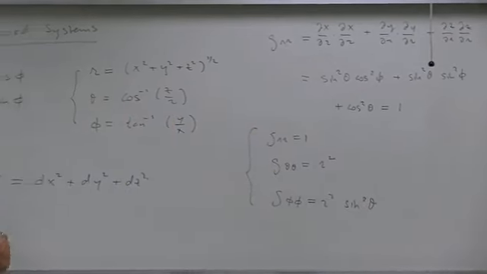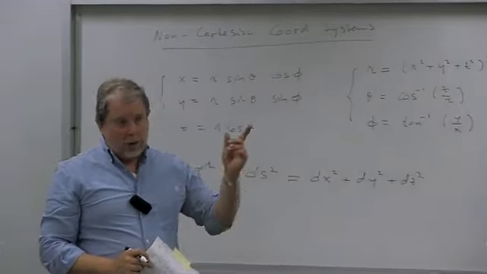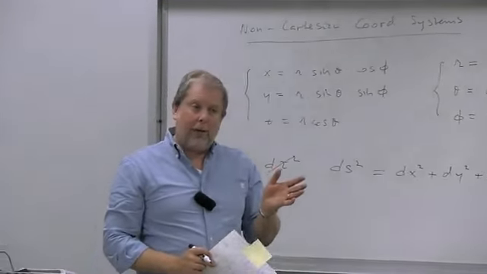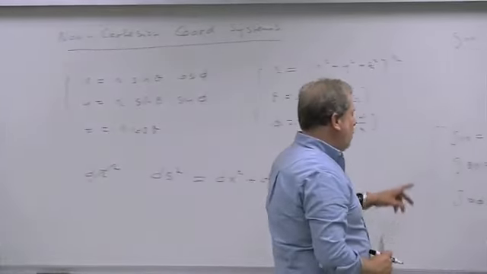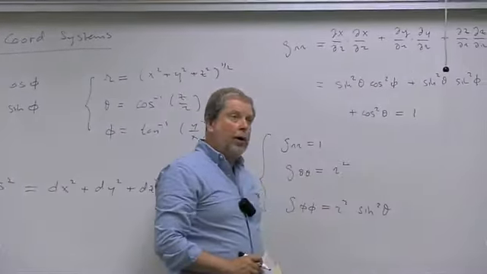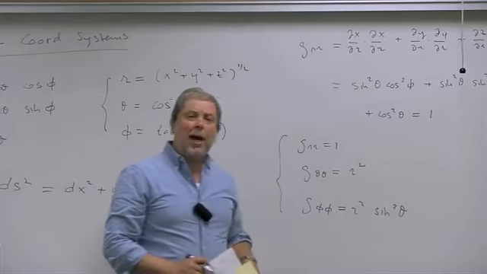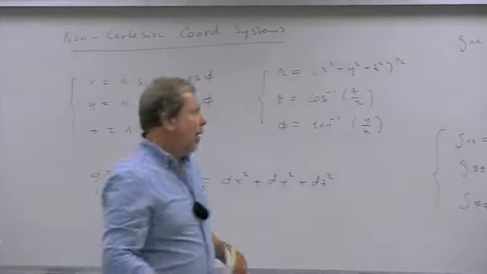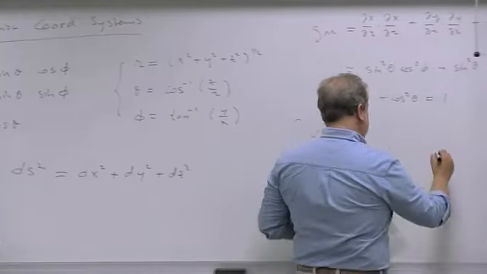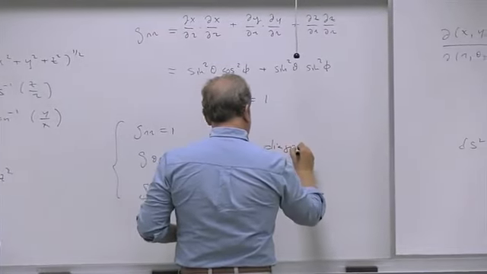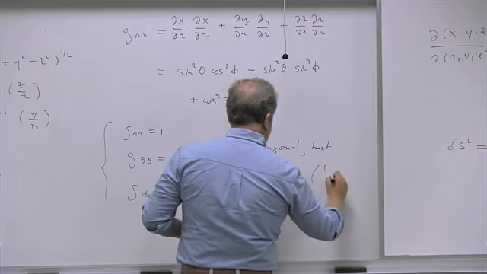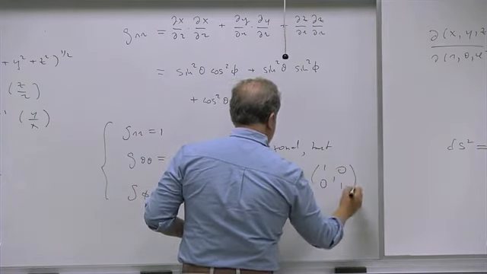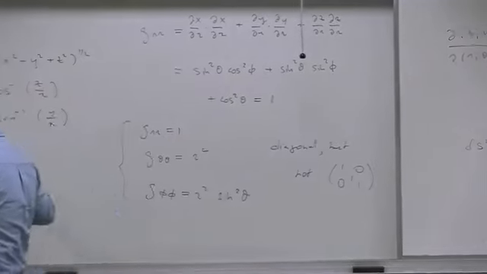So we have learned that in this new spherical coordinate system, the metric is diagonal, but the entries are not 1. So they have things like r squared, and in fact, the last one even has the angle appearing in there. And so it is diagonal, but not 1, 1, 1 and then 0 everywhere else, right?